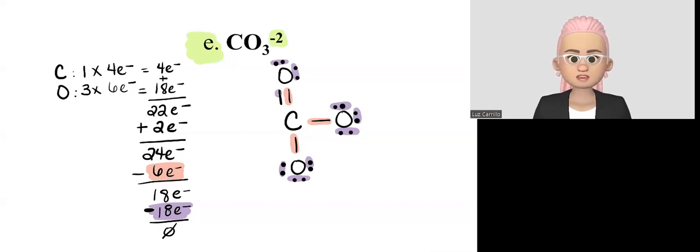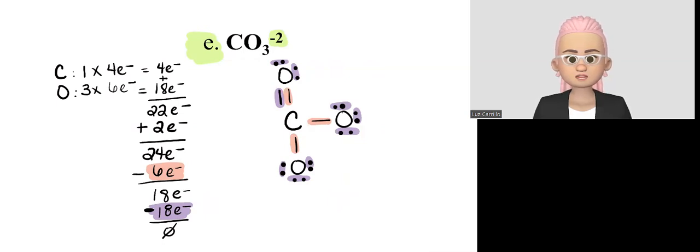And overall, this double bond now means that the oxygen on the top has 2, 4, 6, 8 electrons, and it has a full octet. And now the carbon atom has 2, 4, 6, 8 electrons around its shell. Now, every atom in this compound is happy with the correct number of electrons filling their octet.